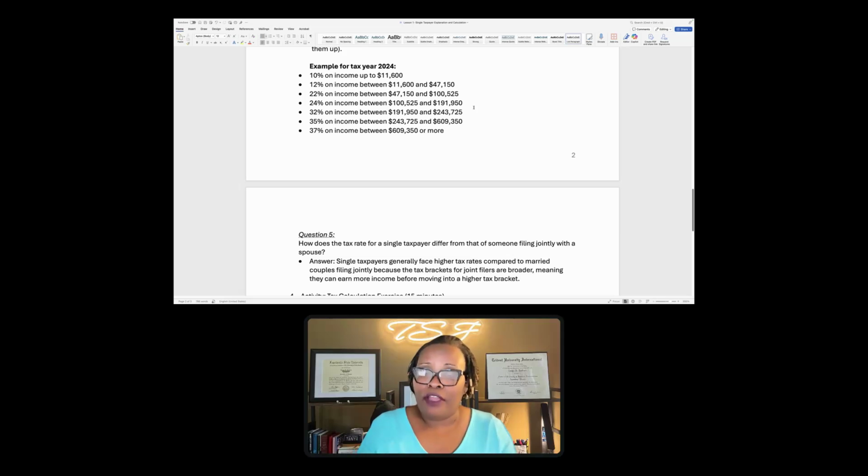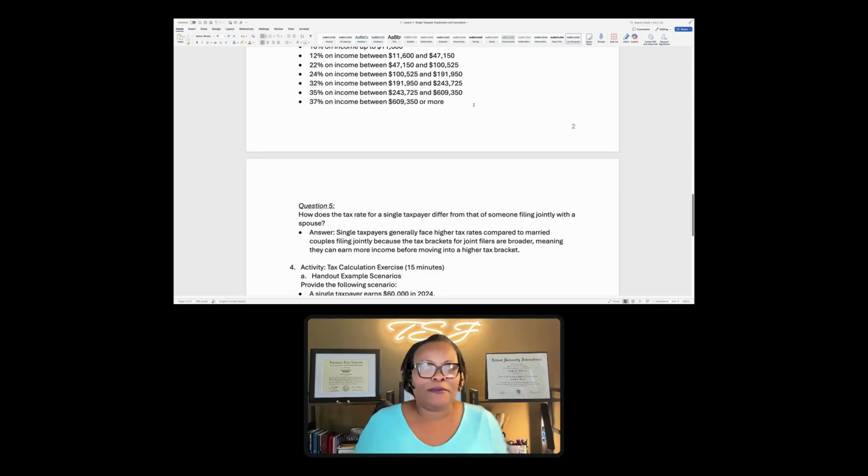So married couples filing joint can make more money than a single filer, because as a single filer, you get taxed at the highest tax rate anyway. So out the gate, you're automatically at a deficit compared to a married filing joint or a head of household filer. Okay. I hope that makes sense.